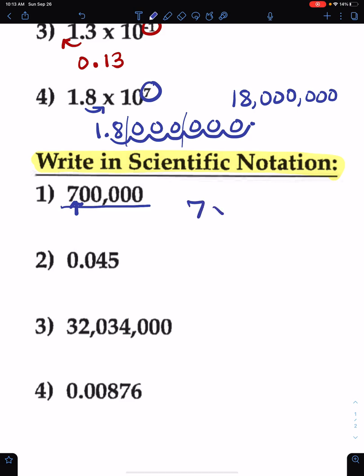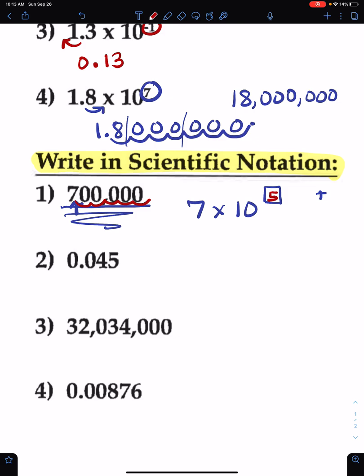So I'm going to have 7 times 10 to some power up here. I should maybe make it a box and not a circle because it looks like a 0. So first of all, I know it's going to be positive because this is a big number. And let's think about how many places we would have had to move that. We'd have to move it 1, 2, 3, 4, 5 places to get it back to its standard form.